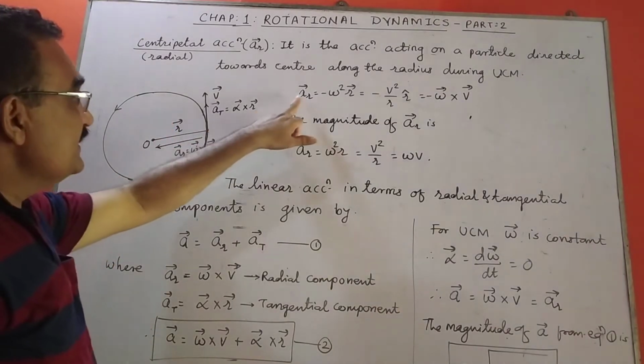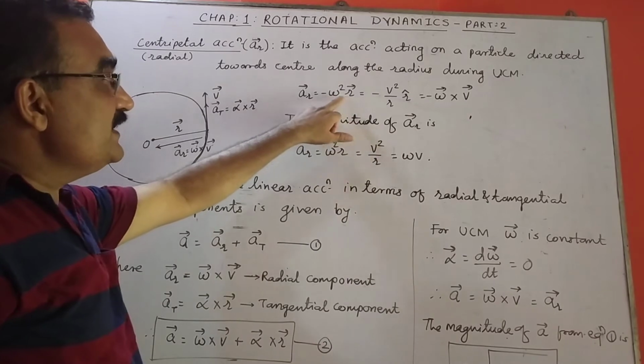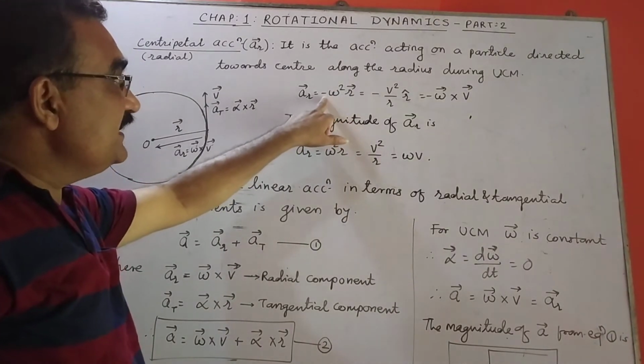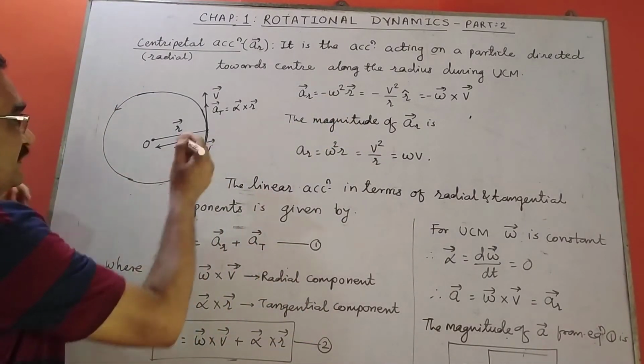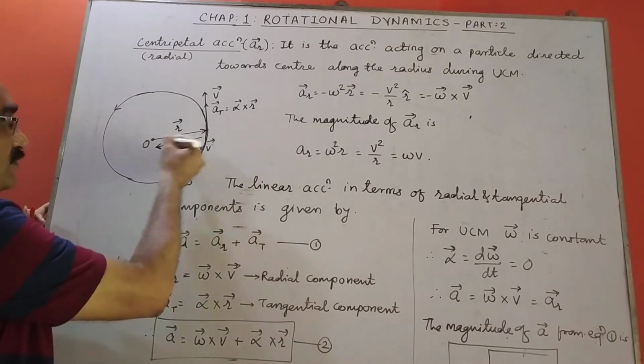This centripetal acceleration is given by vector AR equals minus omega square vector R. It is in vector form. Here the negative sign indicates the direction of R is away from the center and the direction of AR is towards the center.